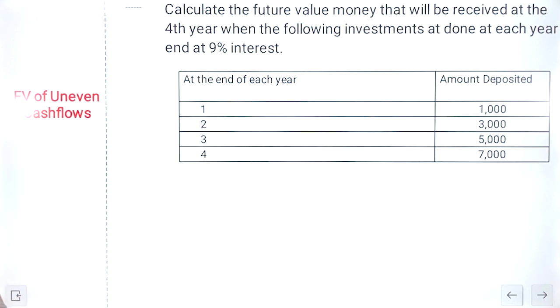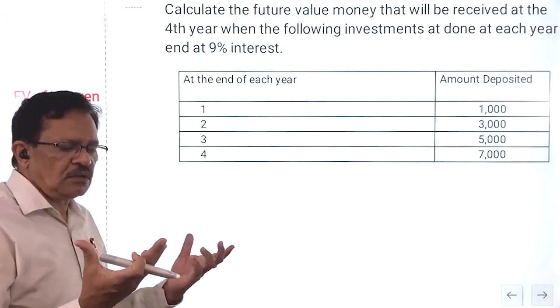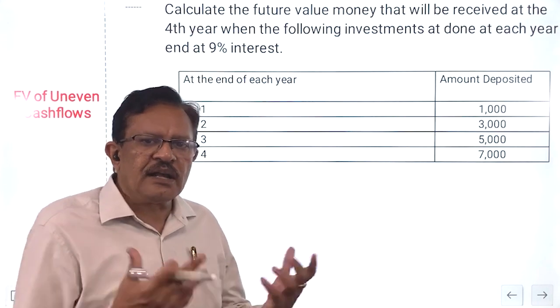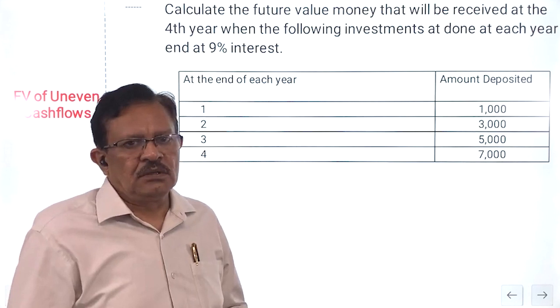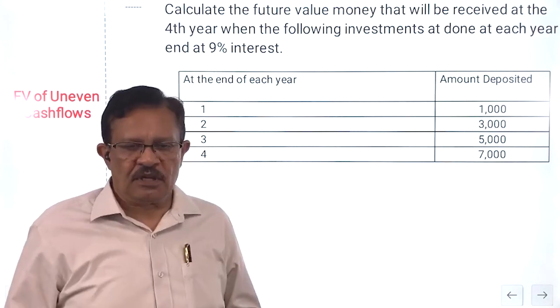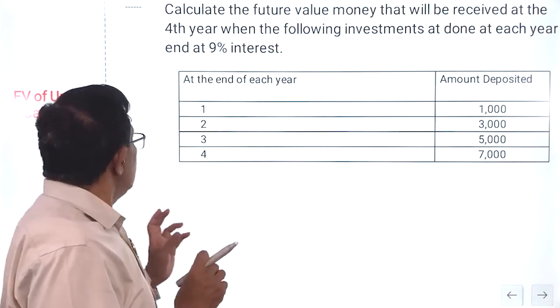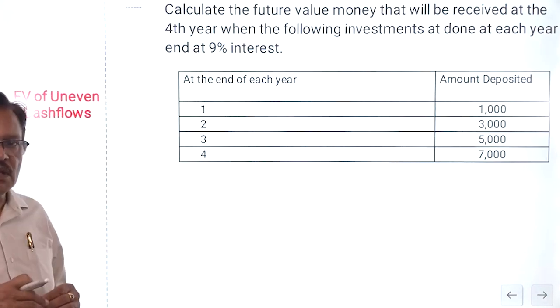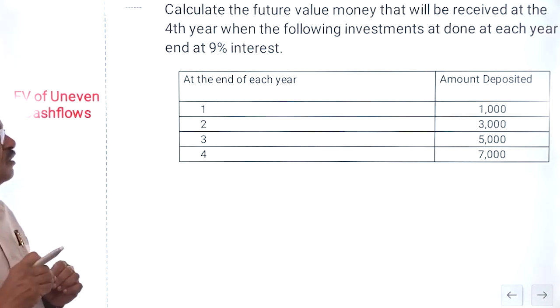In the case of annuity, we are just taking a small formula and trying to find out very quickly the amount at the end of the maturity period. But in this particular case, we cannot use that methodology.